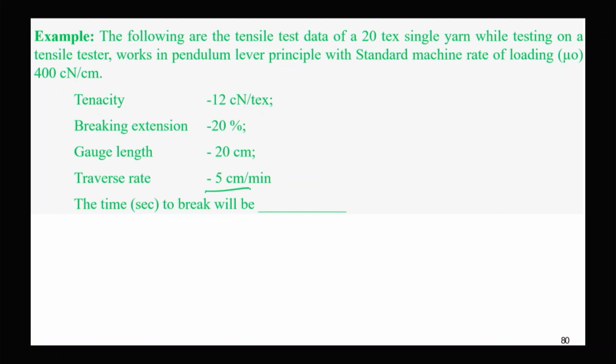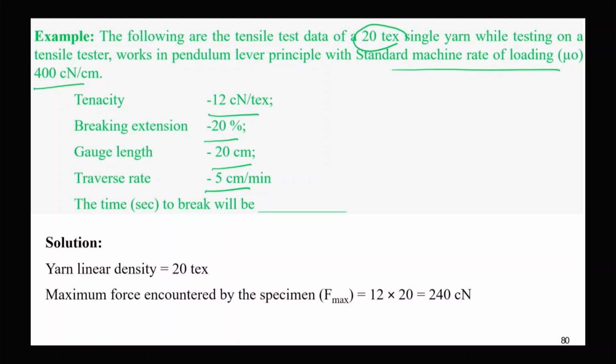The traverse rate is given, the gauge length is 20 centimeter, breaking extension is 20%, and tenacity is 12 centinewton per tex, 20 tex yarn, and the standard machine rate of loading is 400 centinewton per centimeter.